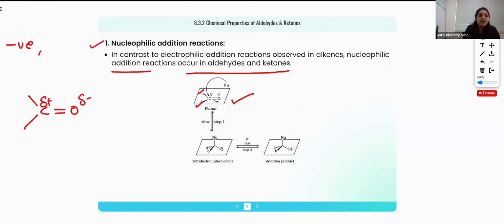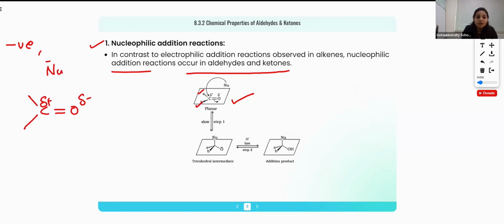So what will happen when a nucleophile approaches the carbonyl compound, an aldehyde or ketone? Whatever the group here, leave it. I am talking about the C=O bond only. If it is an aldehyde the groups are different, and in ketones the groups are different, so whatever the group, leave it. See, the nucleophile is coming.